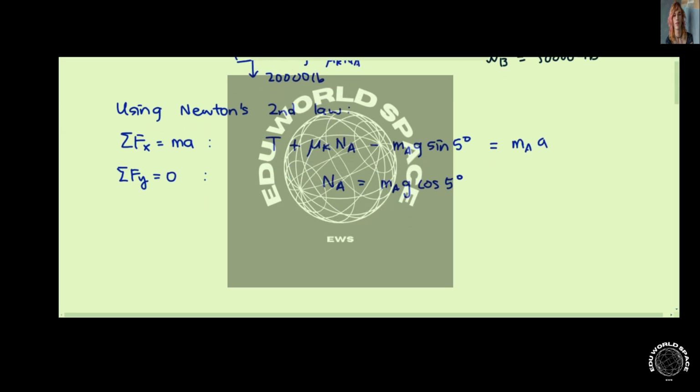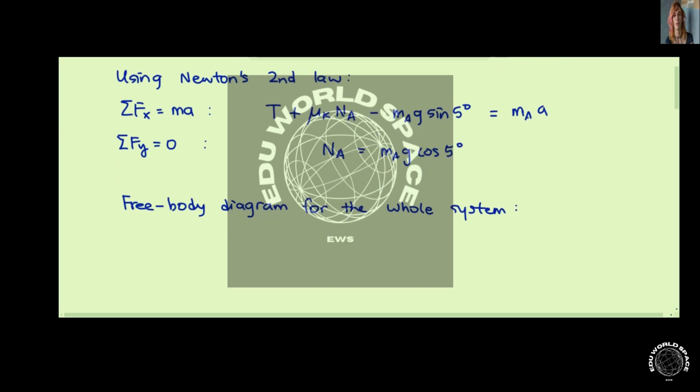And then we look at the free body diagram for the whole system. It looks like this.